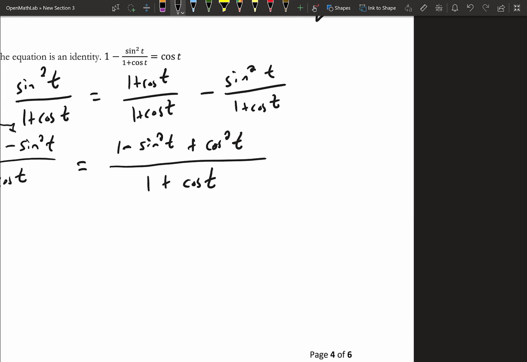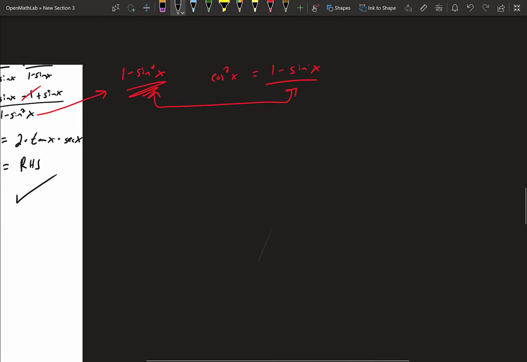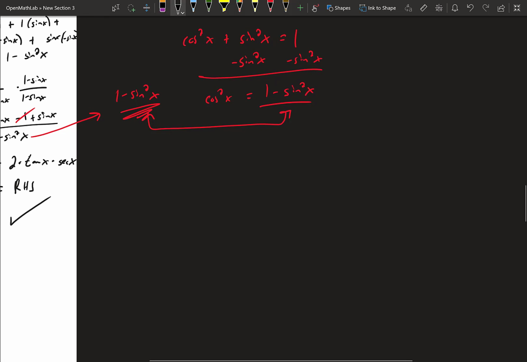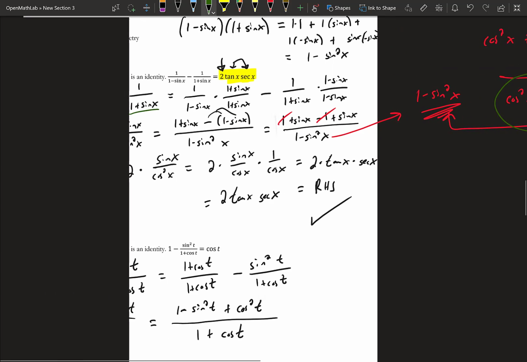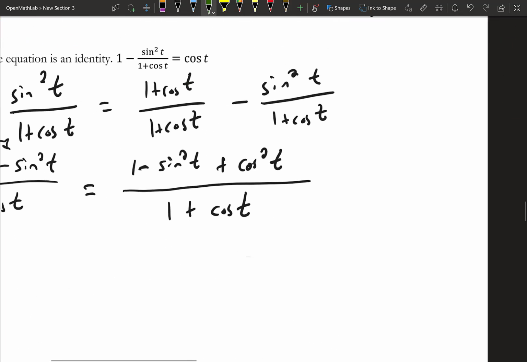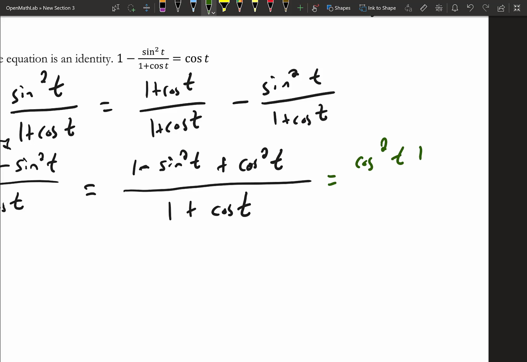Then 1 minus sine squared t, we already saw is equal to cosine squared t, right here. So this would be equal to cosine squared t plus cosine t all over 1 plus cosine t.